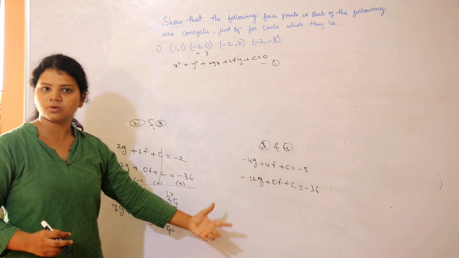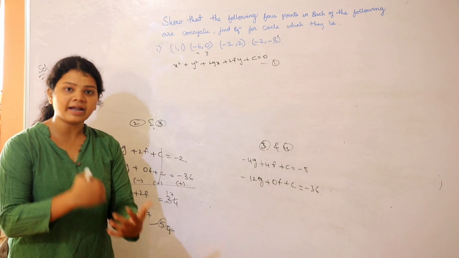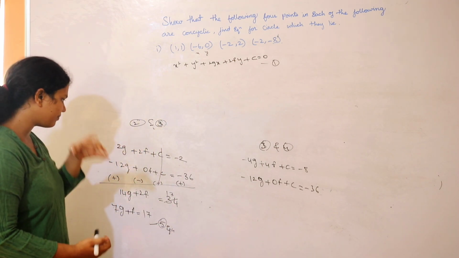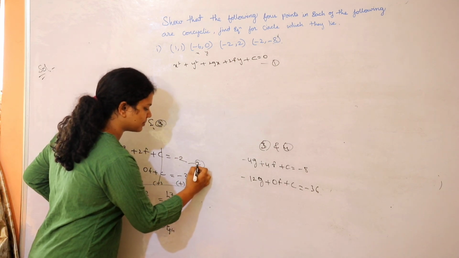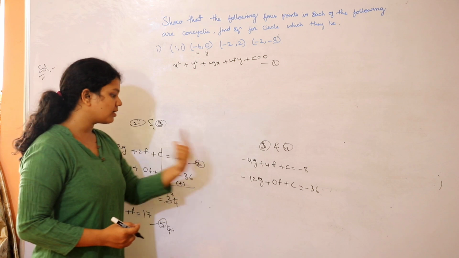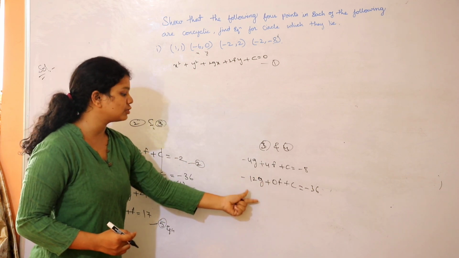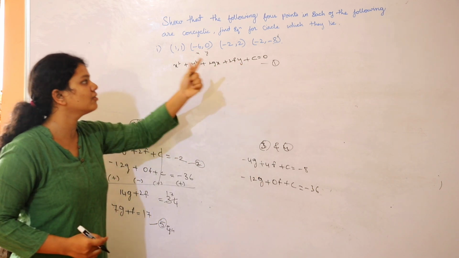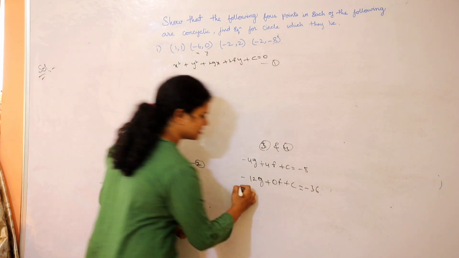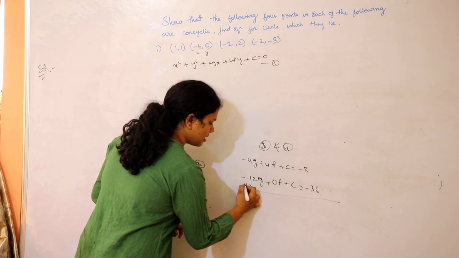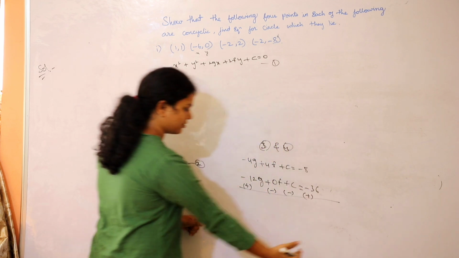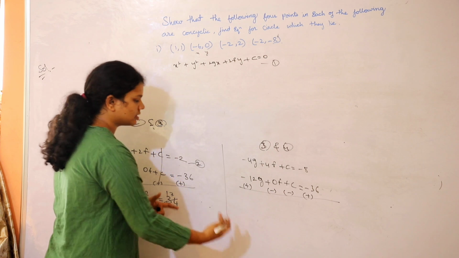After finding g, f and c values, this is important, guys, we will be substituting them in equation 1. So minus plus, plus minus, minus plus. Clear? The sign conversions happen, and now you go with the solving method.